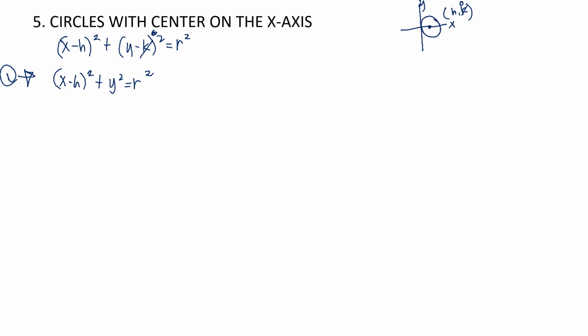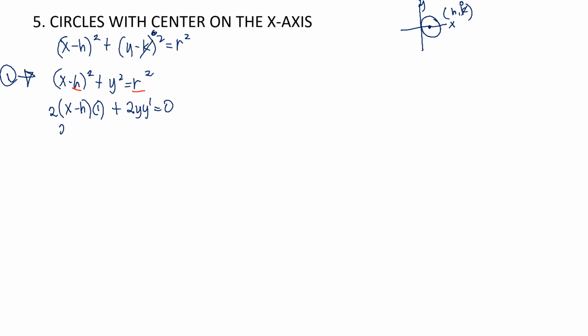And meron tayong dalawang arbitrary constant, which is h and r, and so we will do our differentiation twice. So we'll start now. So this is 2 multiplied by x minus h, and then multiplied by the derivative of x is 1, plus 2y y prime is equals to 0 since r is constant.